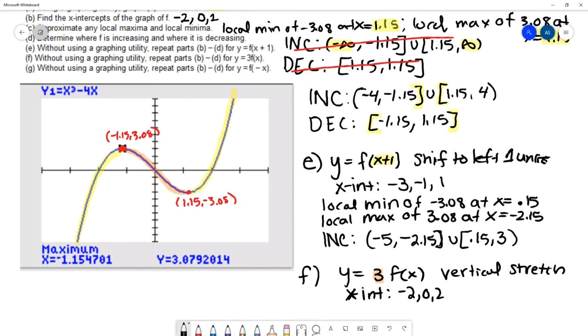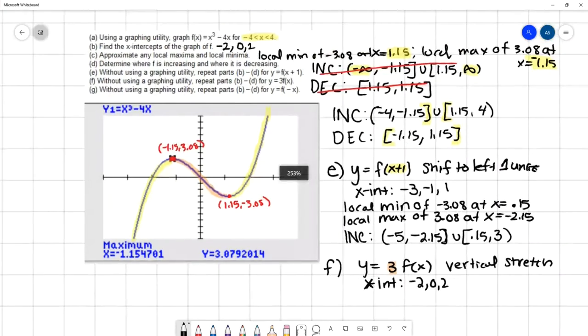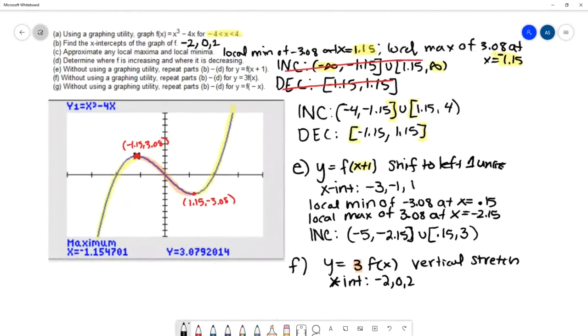However, the local min and local max will get multiplied by 3. So we will have a local min, and it's going to be 3 times the amount that we had before. That 3 times is this 3 that we're multiplying by. 3 times, but the x will stay the same.